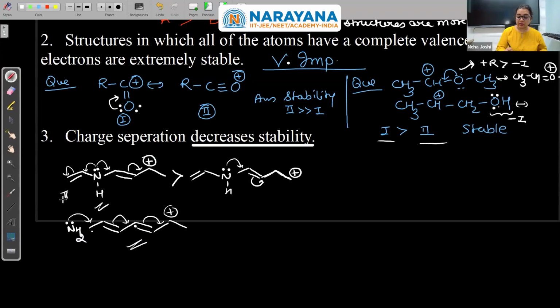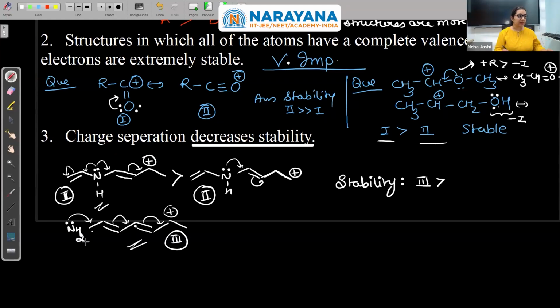If I say this is 1, this is 2, and this is 3, then if I am asked for stability, I will say 3 is more stable. Why? Because the number of bonds involved are same, atoms involved are same, but a continuous flow of electrons will be more stabilizing, molecular orbital overlaps will be better, and then comes 2 the least because it cannot use this resonance.